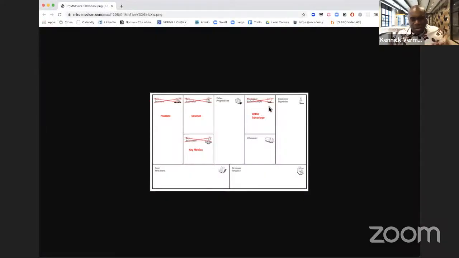A visual would help right now, so I'm going to show you a picture of the Lean Canvas as soon as I can find it. Yes, here we go. All right, great.